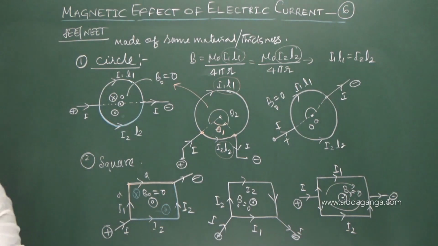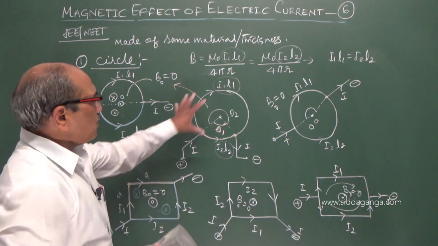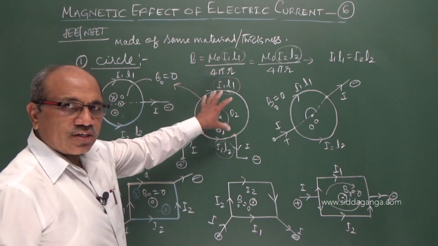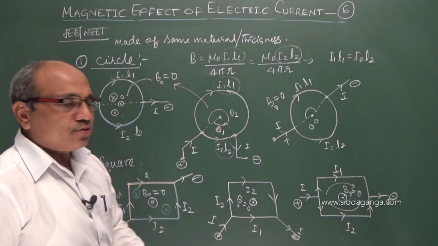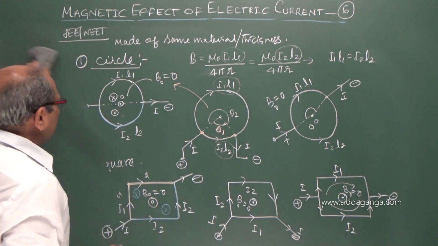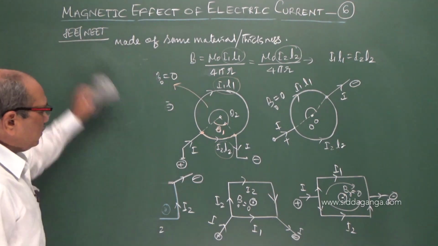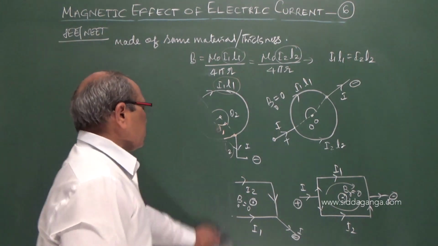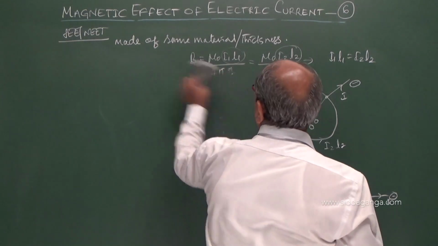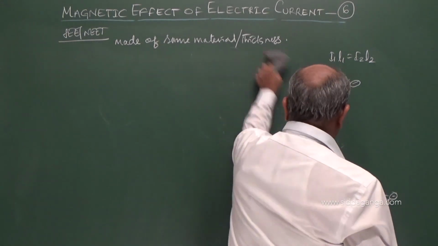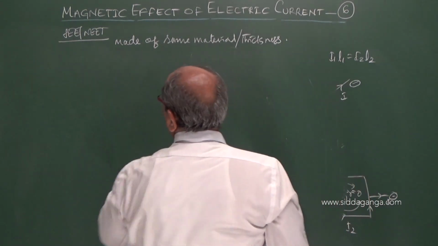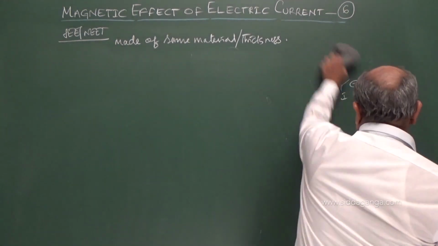Generally, if the loop is split into two parts, one part carries current and produces some field, and exactly the other part produces it in the opposite direction and makes the field cancel. The net field at the center becomes 0. These are the geometrically symmetric shapes I considered and showed you.